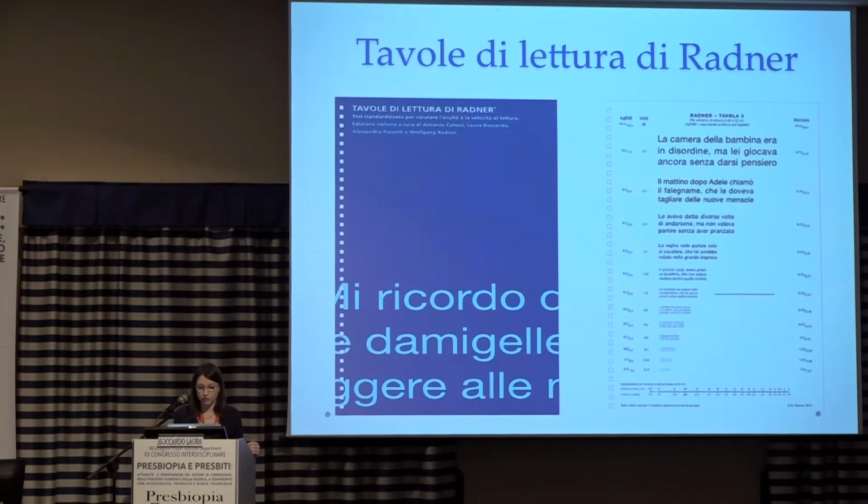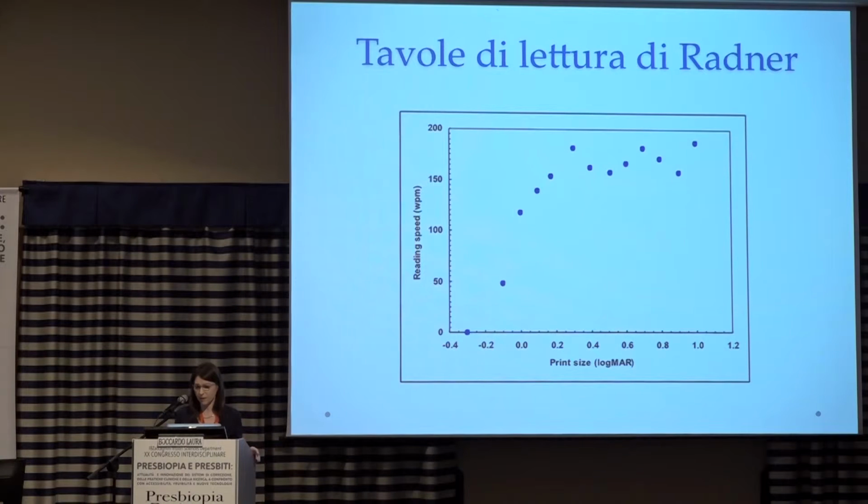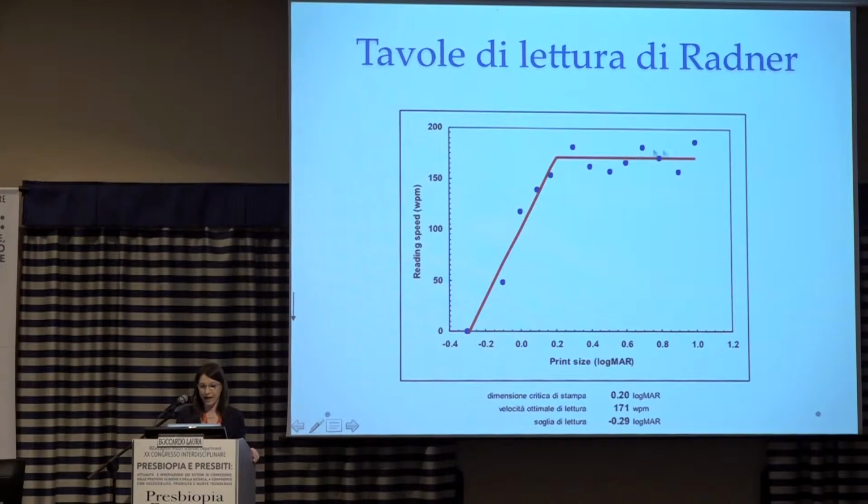That's the critical print size. As the size gets smaller, the patient will start making errors and reading will gradually become impossible. This is the reading visual acuity, which is not the regular visual acuity because we're not reading letters but sentences.